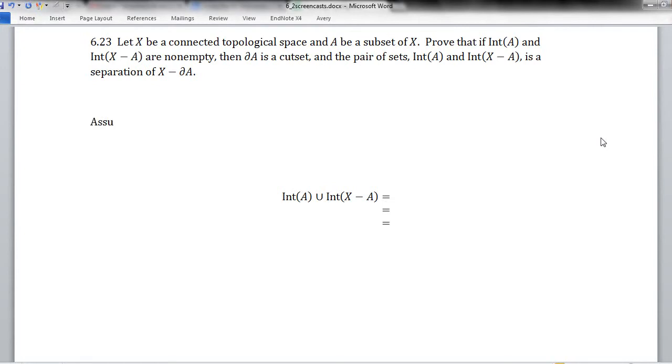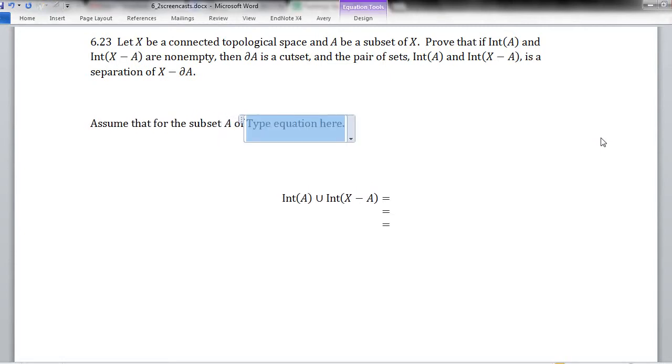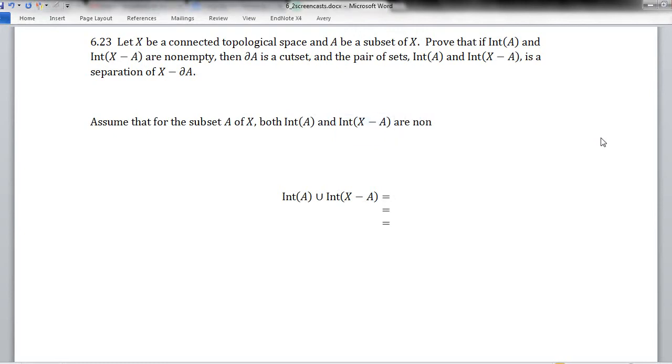So let's assume that for the subset A of X, both the interior of A and the interior of X minus A are non-empty.